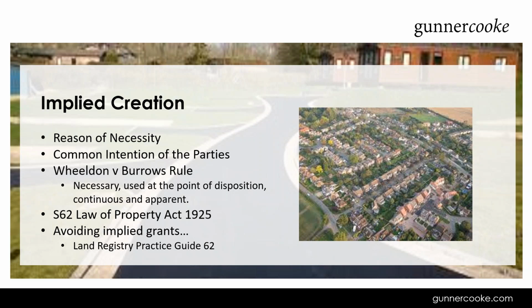There is a difference in the burden for different parties to try and prove this. If you are trying to prove that there's an implied reservation, so for example, you're dealing with the party who has sold off part of their land but forgot to reserve their right of access in the conveyance, then you are going to have a much higher burden to try and prove that that right of access was intended to be there.